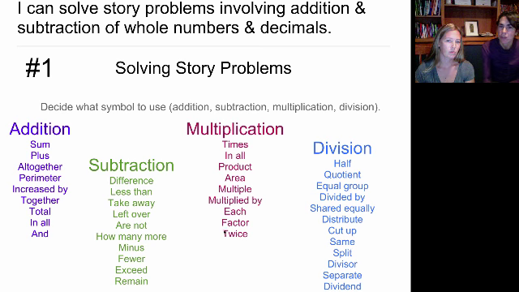So these are common words. Thinking about our last unit, area. And then for division, some other common ones are divided by or equal groups, which is a really common one.